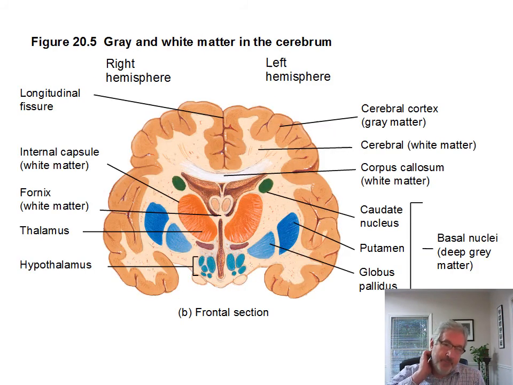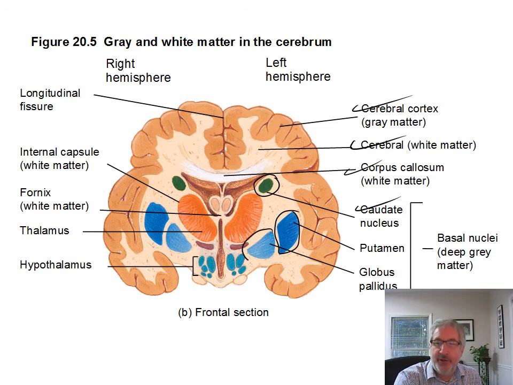Next slide. Here's that diagram again showing the corpus callosum, which is white matter. Those are fibers, and then the cerebral white matter and the cerebral gray matter, cerebral cortex. And here are the basal nuclei. There's a caudate nucleus, which is deep, which is here. They have the putamen, which is here, and the globus pallidus here. So you have those different basal nuclei.